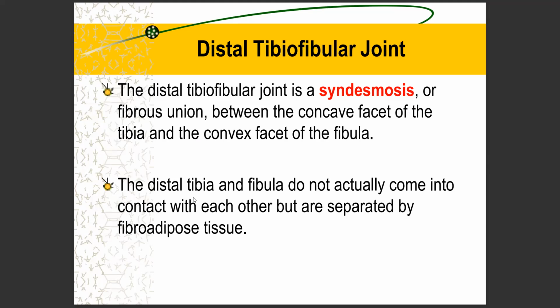Between the concave facet of the tibia and the convex facet of the fibula, there is a structure which we can call fibroadipose tissue. This fibroadipose tissue separates these two surfaces, and due to that, they do not come into contact with each other.